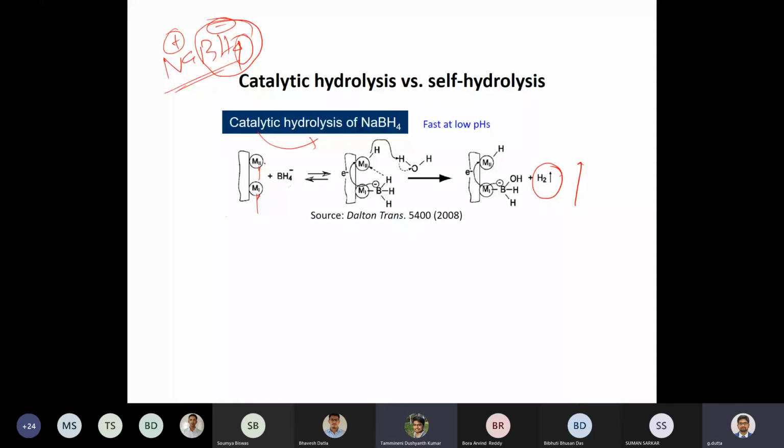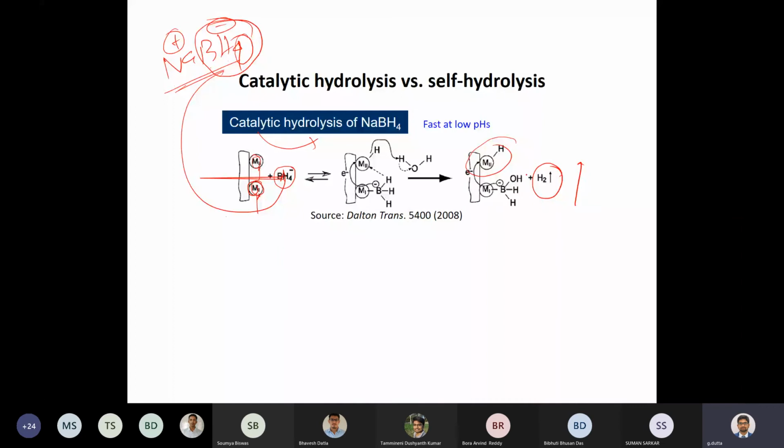See, suppose M is the metal nanoparticle. BH4- we can represent like this. So hydrogen can adsorb on this metal atom.